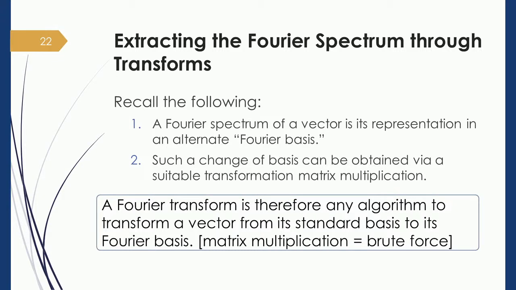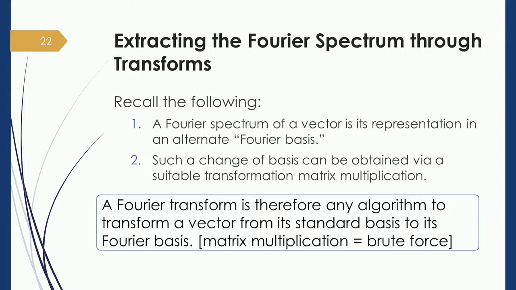So, let us recall, a Fourier spectrum of a vector is its representation in the alternative Fourier basis. And since this can be viewed as a change of basis, we can perform this transformation by a suitable transformation matrix multiplication.